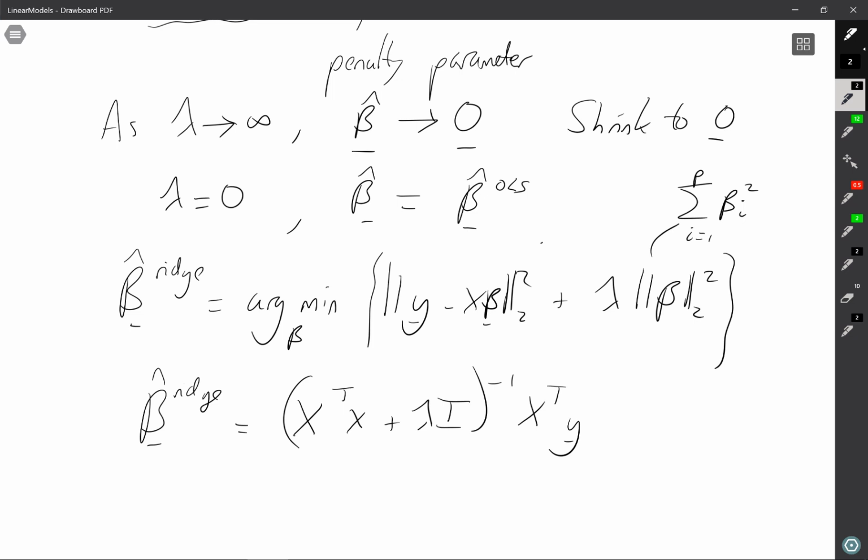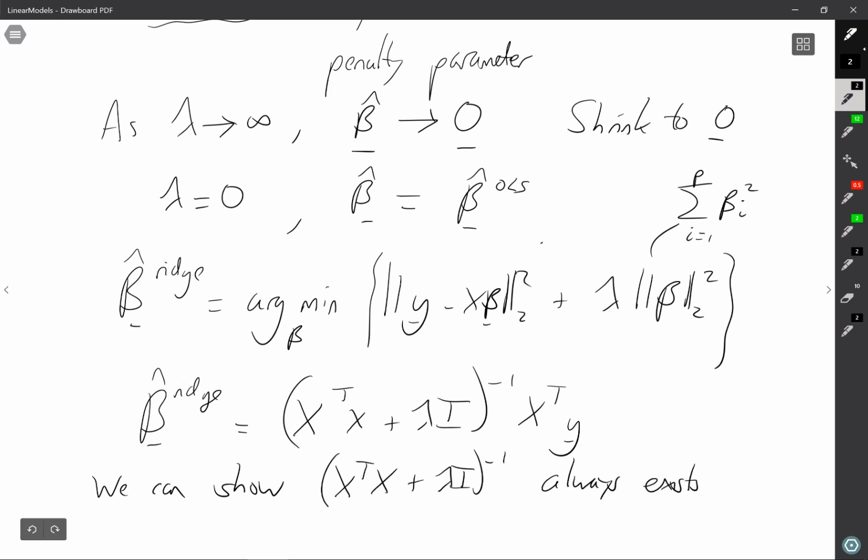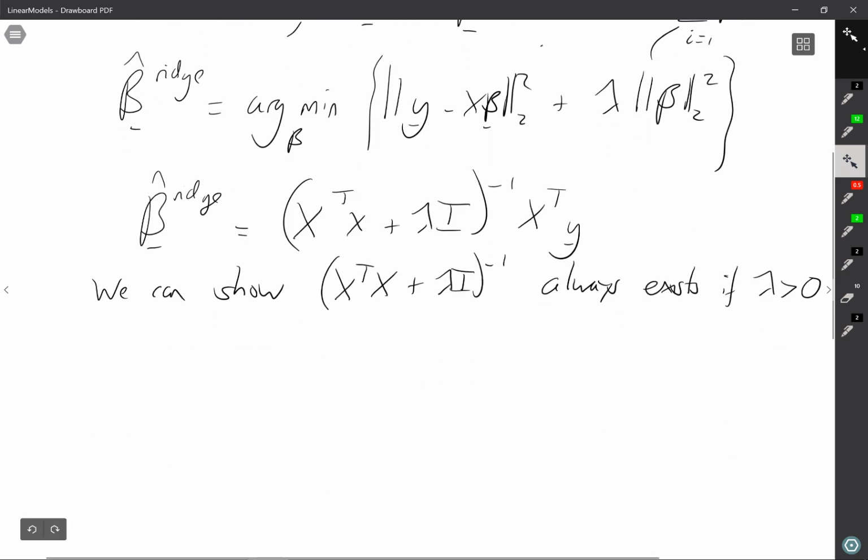We're going to show on the example sheet that the inverse always exists as long as lambda is bigger than 0. So ridge regression gets us around the problem of having a non-invertible matrix that we sometimes have in ordinary least squares. But as we're going to discuss, there are other advantages as well.